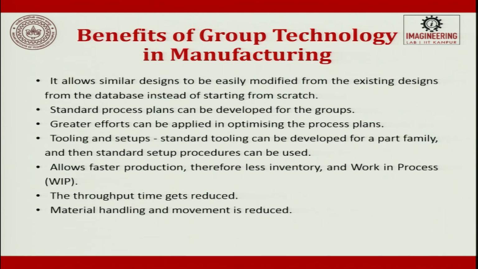What are the benefits of group technology in manufacturing? It allows similar designs to be easily modified from the existing design. So, if there are some 6 people, if you want to find out some similarity amongst them, suppose you have a class of 40 students and you want to talk about the class.